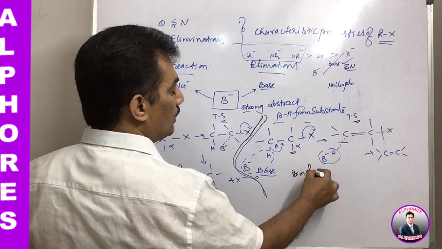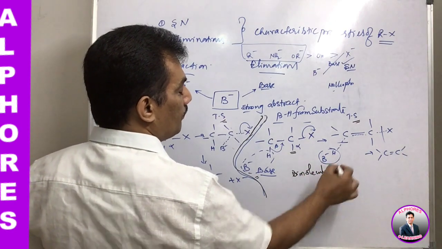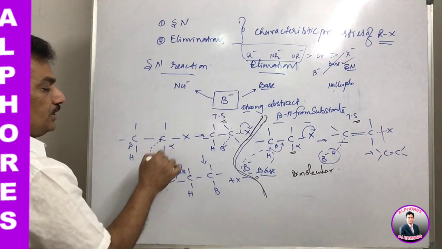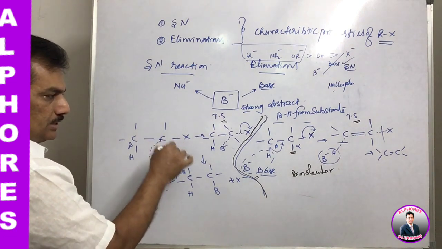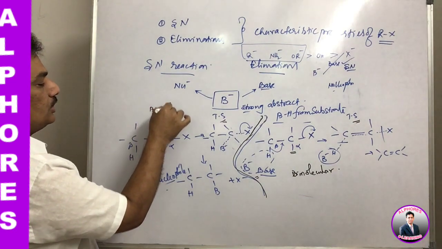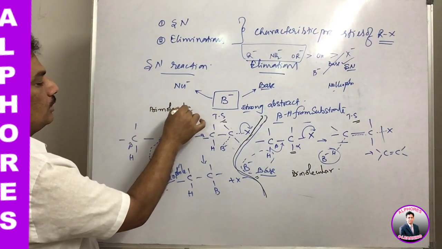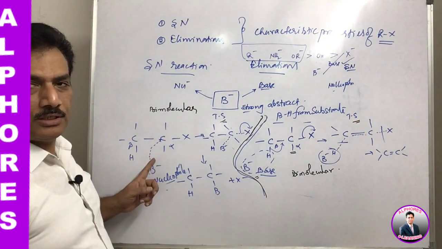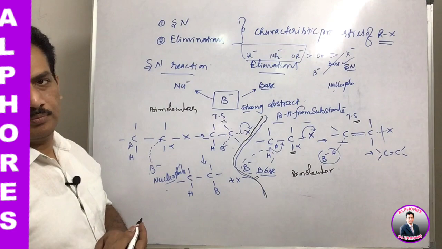Just remember, it is bimolecular. Here also the nucleophile and the substrate are both present in this step, and thereby it is also bimolecular. Both substrate and reagent molecules are present, so it is also bimolecular.